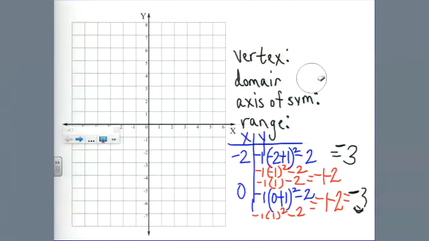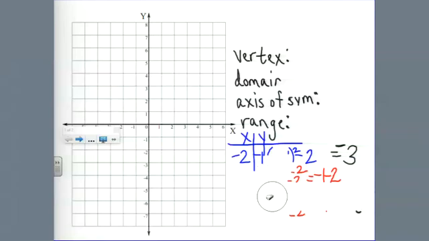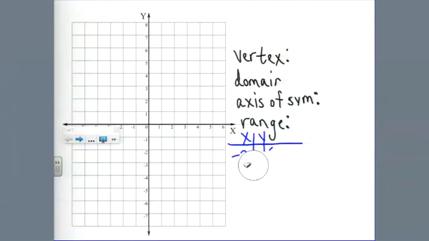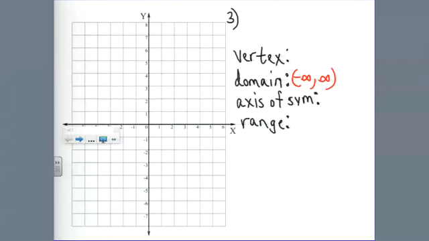And we'll look at the next quadratic function. We can actually, regardless of the type of vertical parabola we're about to go over, say our domain is still -infinity to +infinity. So let's look at this next parabola.